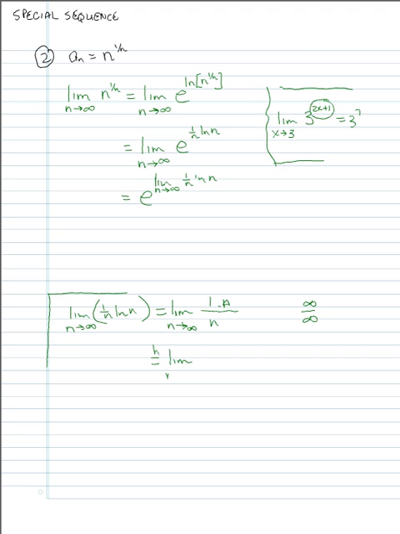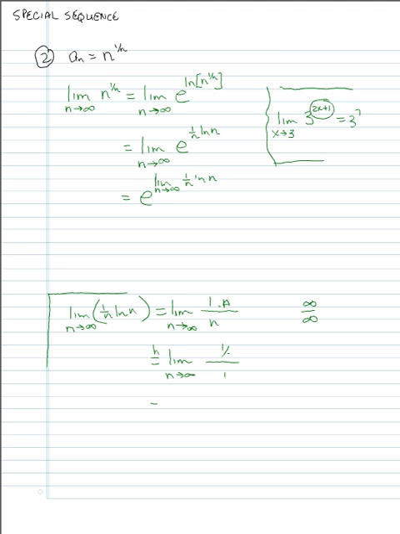So to find the limit, we need to find the limit of a new fraction. We take the derivative of the numerator. The derivative of the natural log of n is 1 over n. We take the derivative of the denominator, and the derivative of the denominator is just 1.